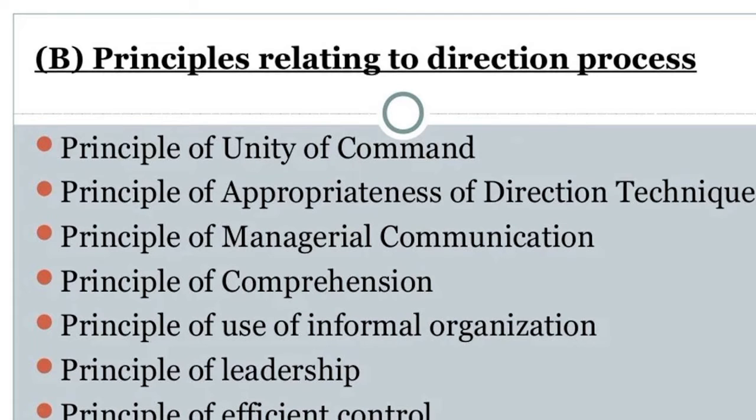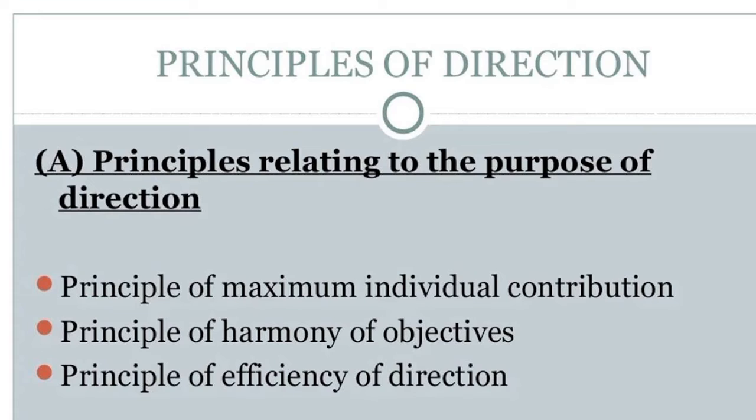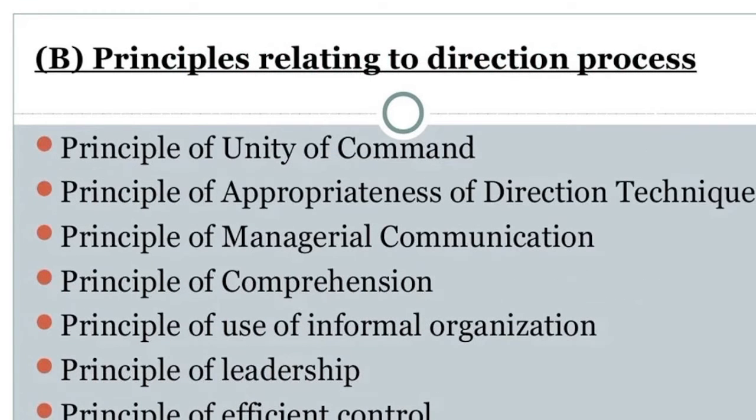Then the principles relating to the direction process. First is the direction purpose, for which individual contribution is required, objectives are to be achieved, and efficiency should be there in the direction. Then in this process, one is unity of command: when you are directing, it should reach properly from top to bottom.